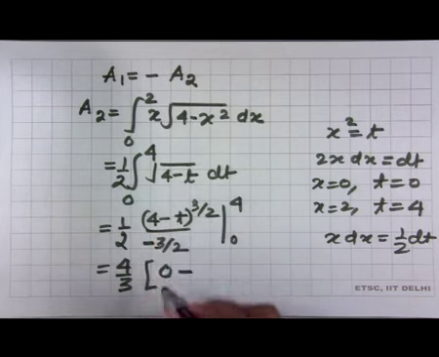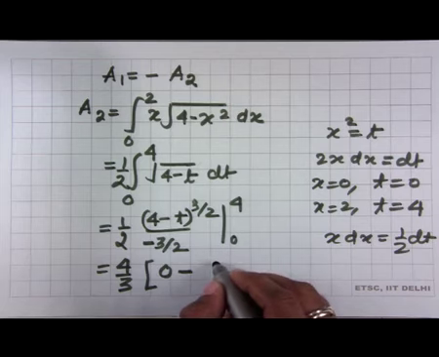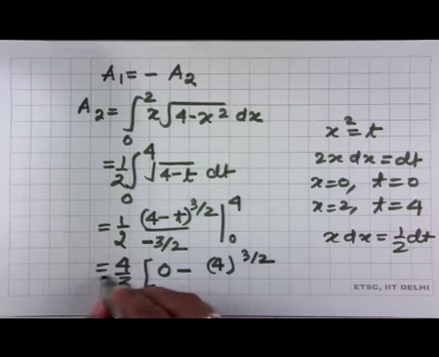At 4 it will be 0, and then at 0 it will be 4 to the power 3 by 2 with a minus sign.